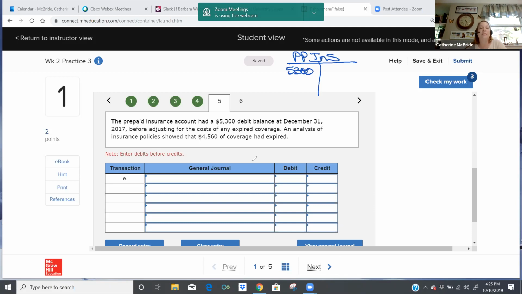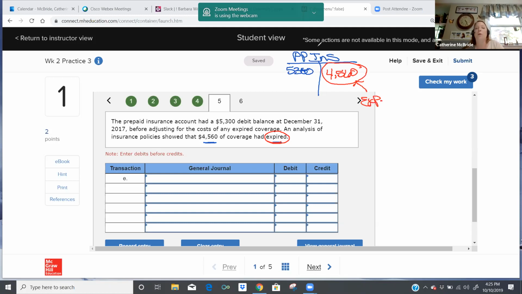An analysis of the insurance policy showed that 4,560 had expired. Okay, so we have to be really careful here to pay attention to what it says. This is expired. That means it was used, not left over, it's used. So that goes here. That's our entry. The part that was used is our expense.